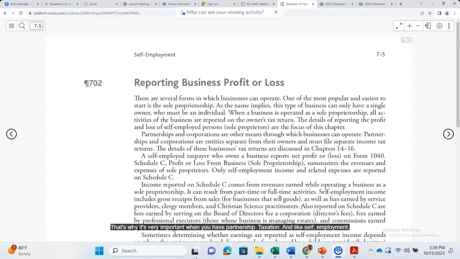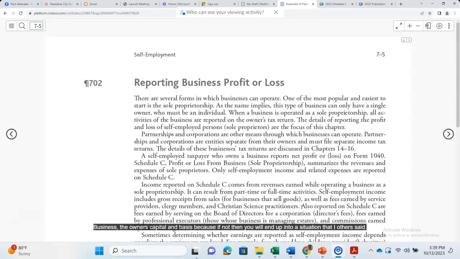That's why it's very important when you have partnership taxation and self-employment, Schedule C type of business, you need to make sure that your client understands and you understand that you have to constantly follow the basis of that business, the owner's capital and basis.